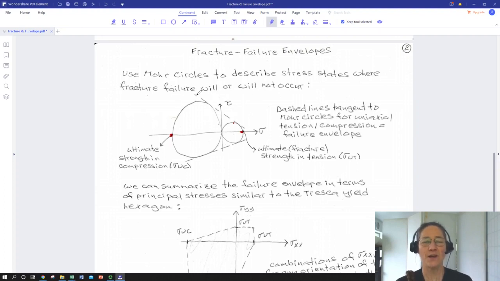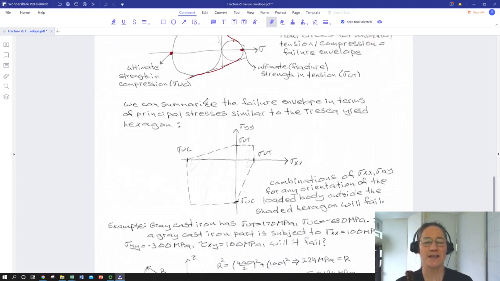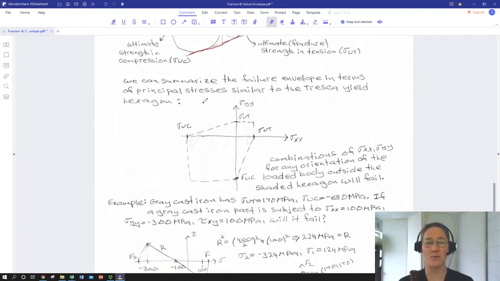And what we know is that if we create a failure envelope, shear versus tensile, by drawing lines tangent to these two circles, that envelope will contain the different combinations of compression and tension that would not lead to failure.